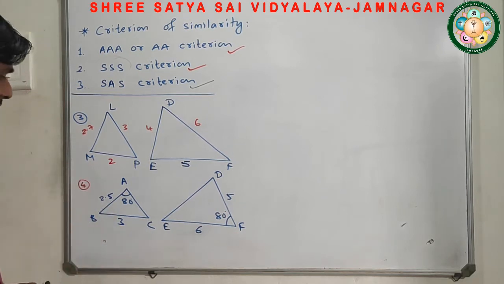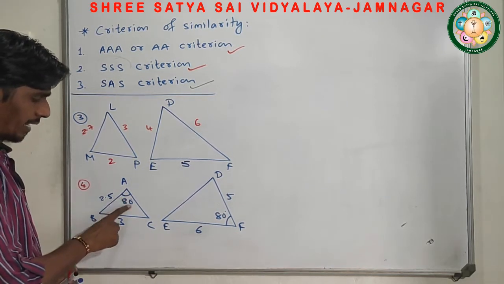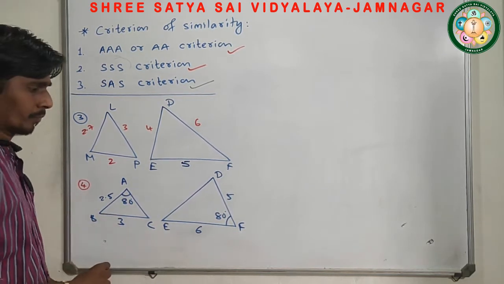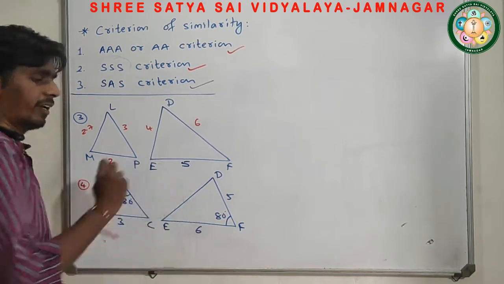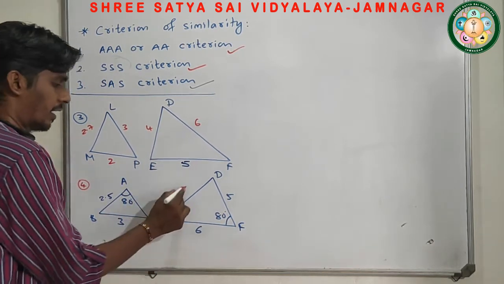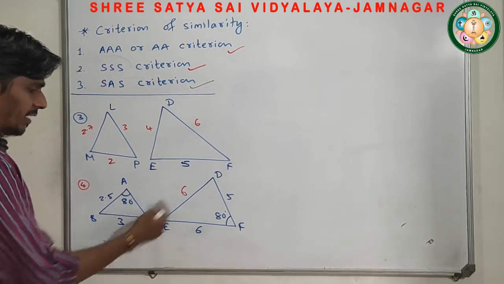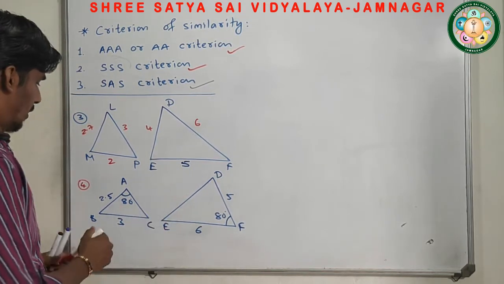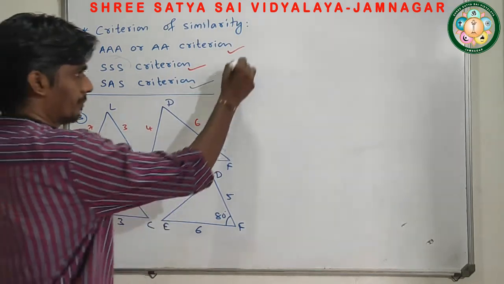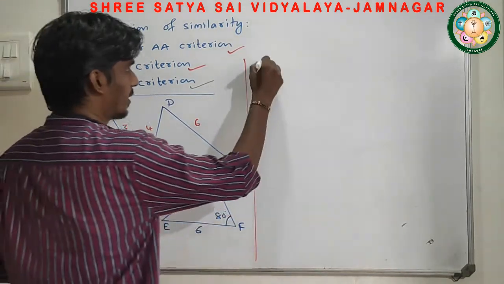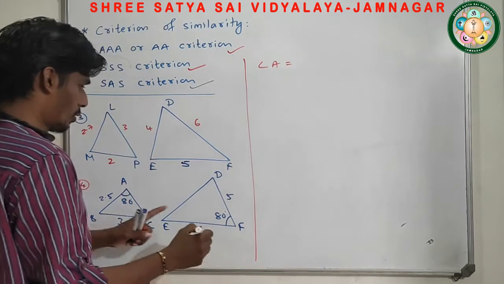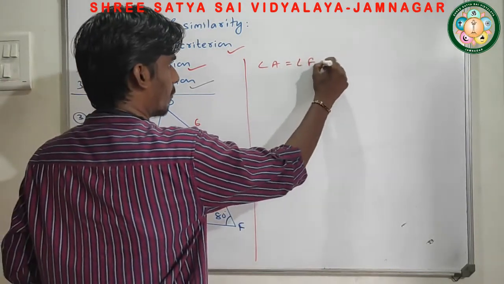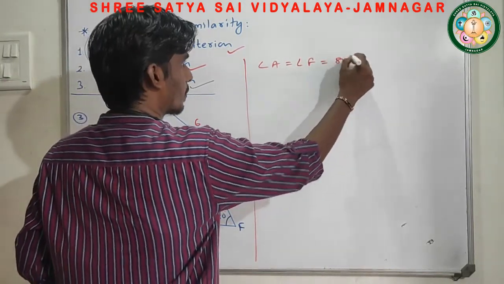But if you look at the side, here the side opposite the 80 degree angle is 3. So the side opposite this 80 should have been 6. If this were 6, then I could say that they correspond to each other. But here, look at this AB. I can say that angle A is equal to what? Angle F. That is angle 80.